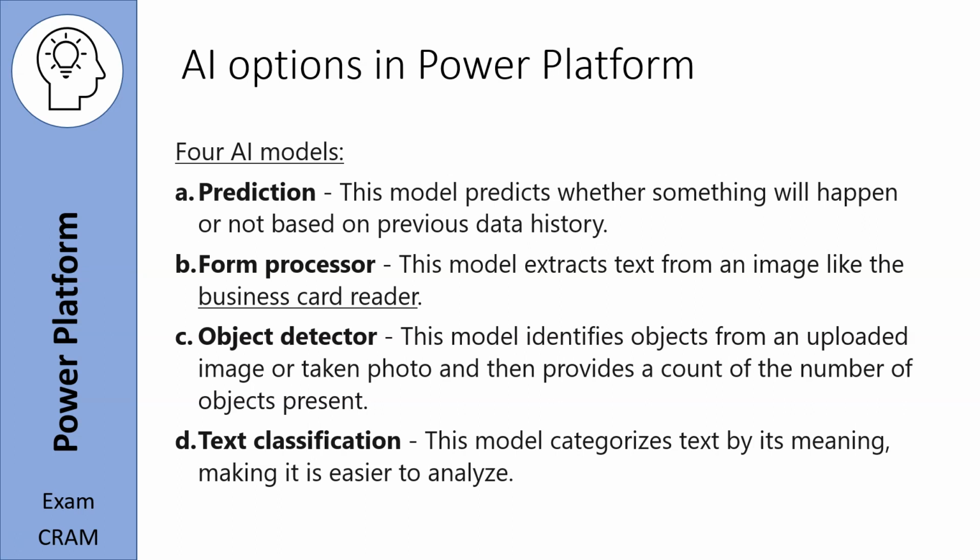Then there is object detector, when you want to identify objects from an image or a photo and provide a count of the number of objects, etc. And text classification is finding the meaning for analysis of the text. All these AI models are readily available in Power Platform, and are easy to use, plug and play, so you can make robust apps and other products using Power Platform with the power of AI.